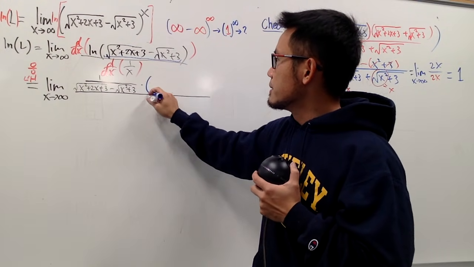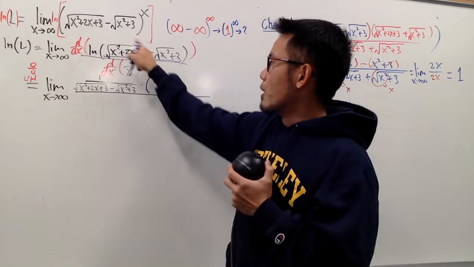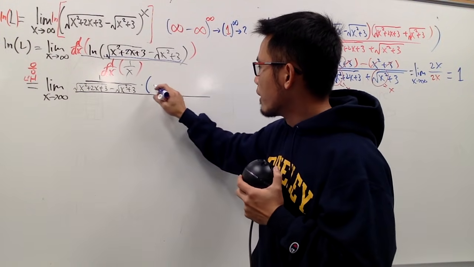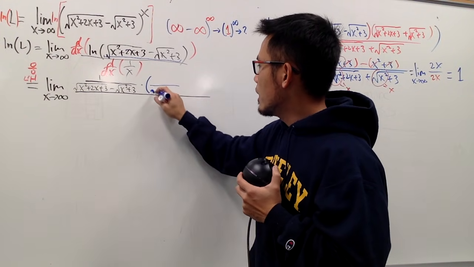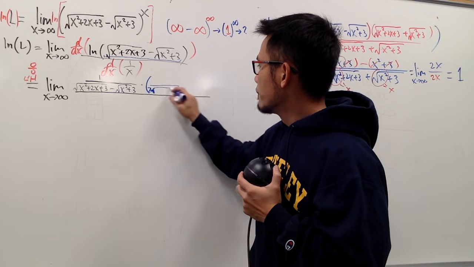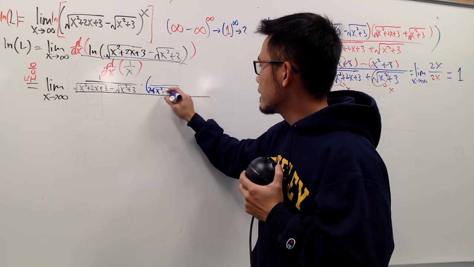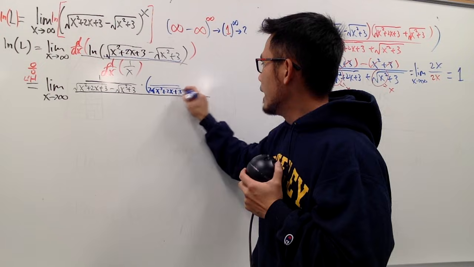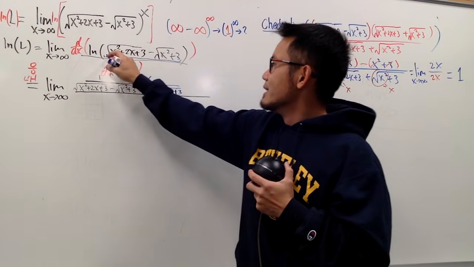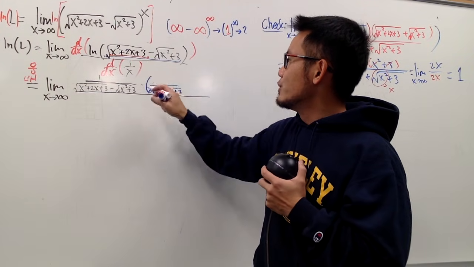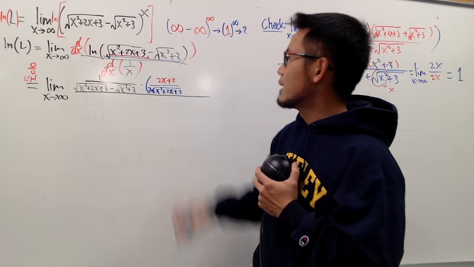Let's open the parentheses. Derivative of the first square root part right here is going to be 1 over 2 times the square root of the inside, which is x squared plus 2x plus 3. And we have to do the chain rule again. So we multiply by the derivative of this, which is going to give us 2x plus 2, right?